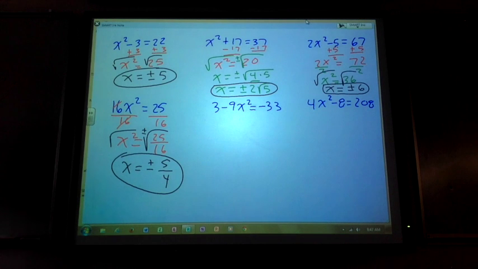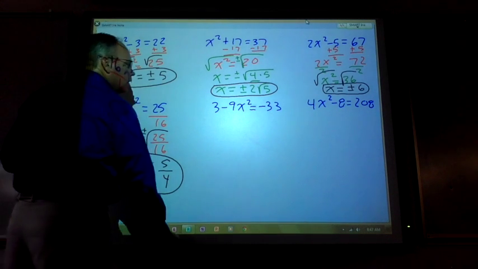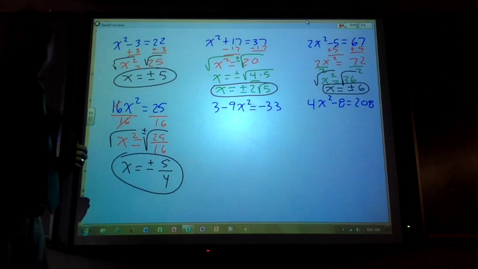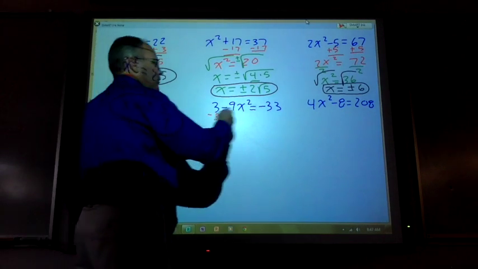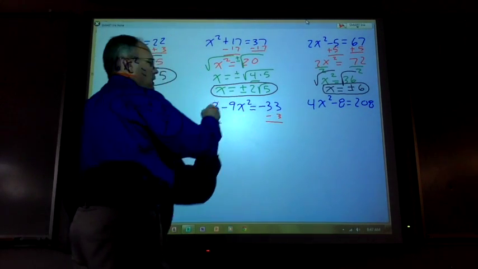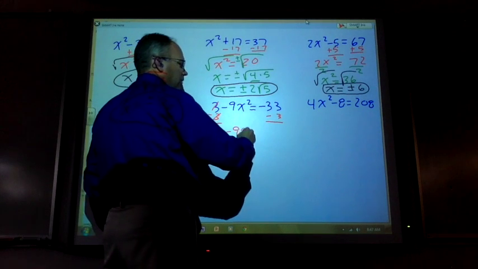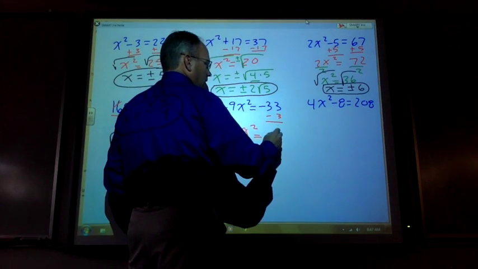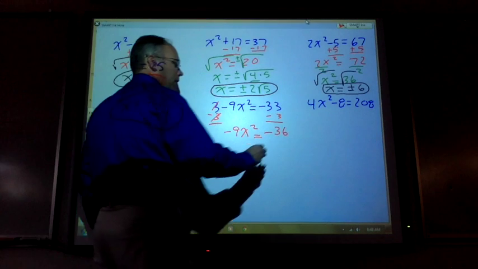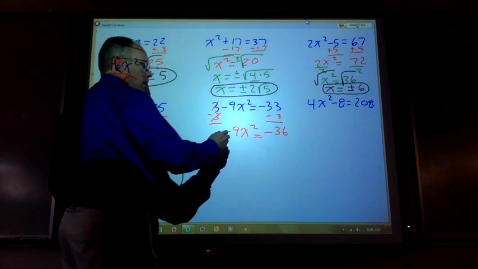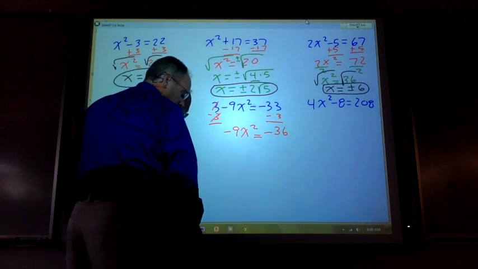Casey, what's the first step on this next one? Subtracting 3, I like it a lot. So that and that cancel out. That gives me negative 36, I believe. Is that right? I'm going to divide both sides by what?